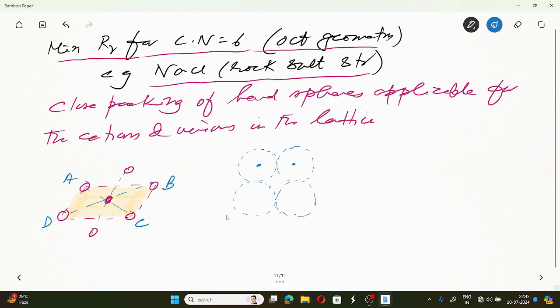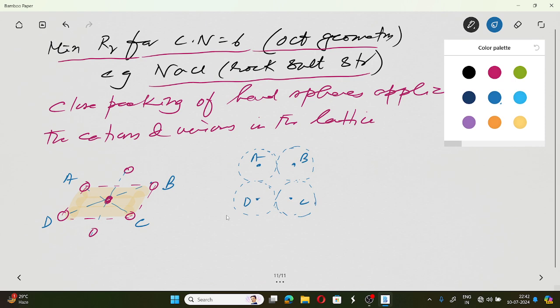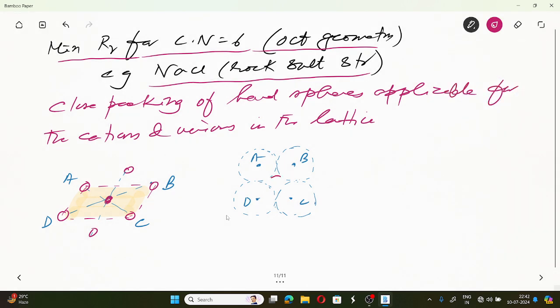These are the anions, and the centers of the anions we can say A, B, C, and D. See, the cation is situated in this hole created by the anions. You can well understand that there is one anion above the plane, while there is another anion below the plane. So this is occupying an octahedral hole.